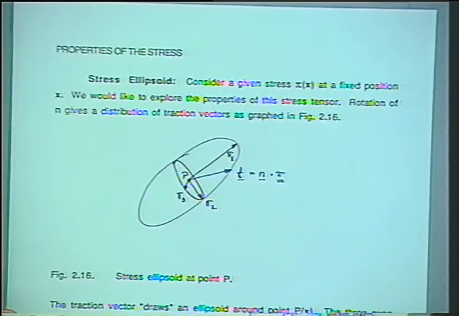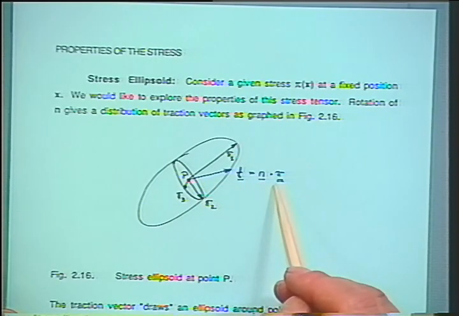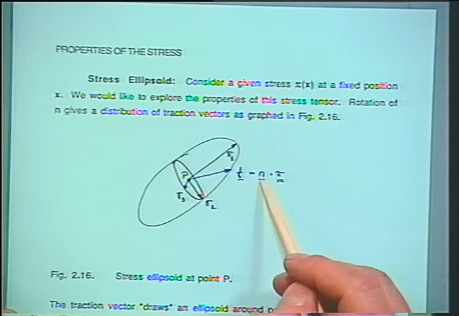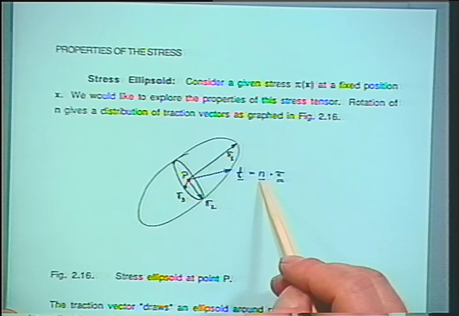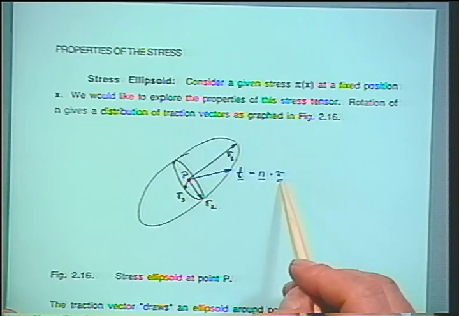Okay, so far we described the stress in terms of traction. Now, the traction is defined as n times the stress tensor, pi. If we change our normal, if we change our area element for which we calculate the traction, for a given stress tensor pi, let's assume that at point P we know the stress tensor.